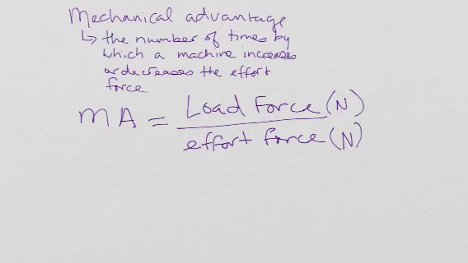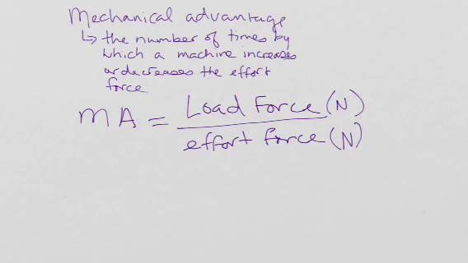Now, we did Class 1, Class 2, and Class 3 levers where you measured your effort force. Okay, so if we look at the lever lab that we did, the first part of the lever lab asked us to compare the load force and the effort force that we measured on the spring scale for a Class 1 lever, a Class 2 lever, and a Class 3 lever.